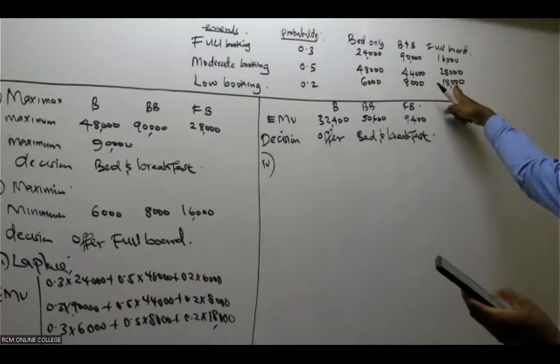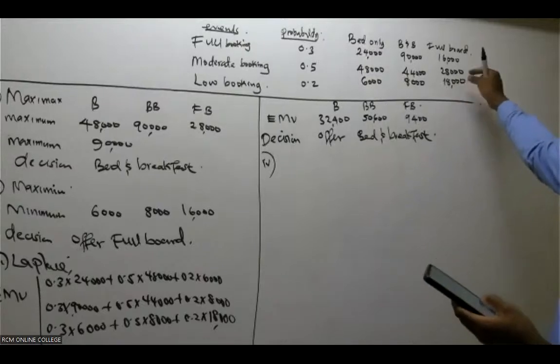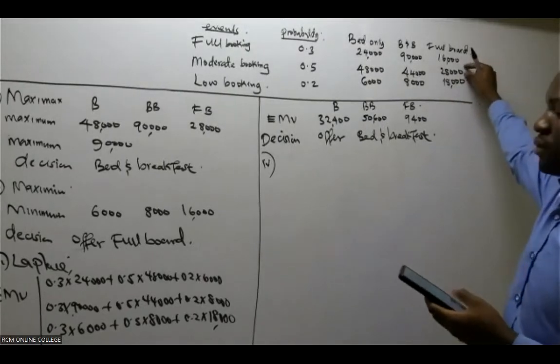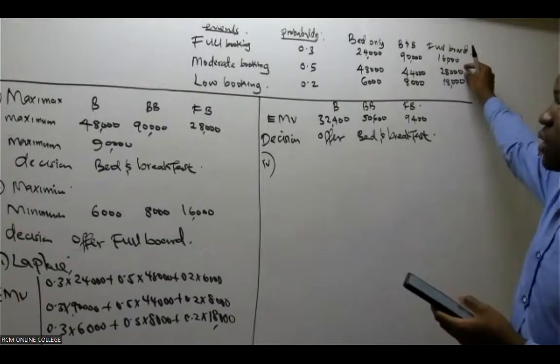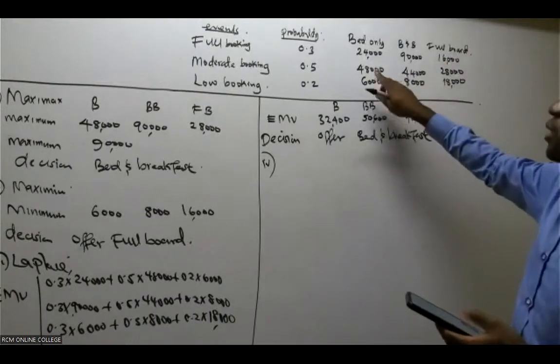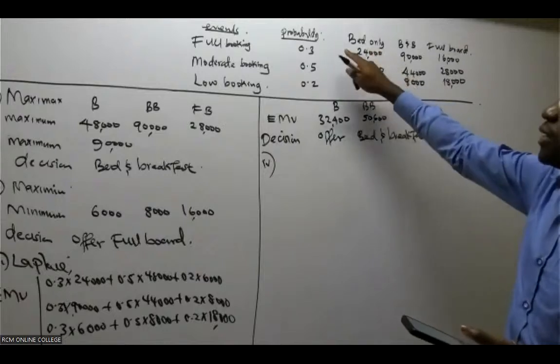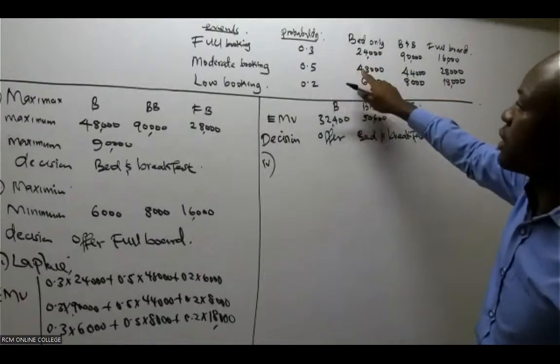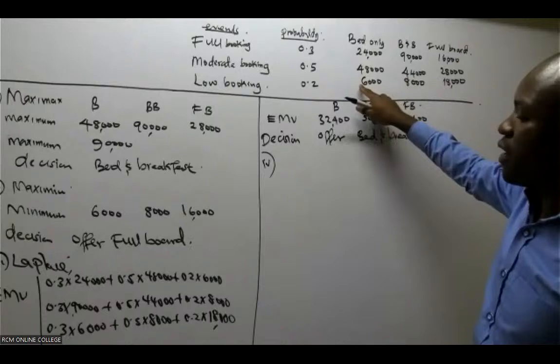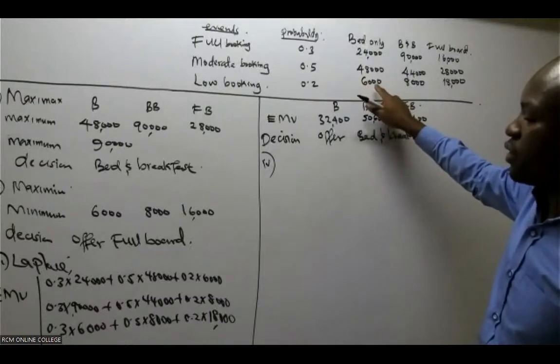You have used 8,000 instead of 28,000. Hapa hii 28. You're supposed to take 24 by 0.3 plus 48 by 0.5 plus 6 by 0.2.